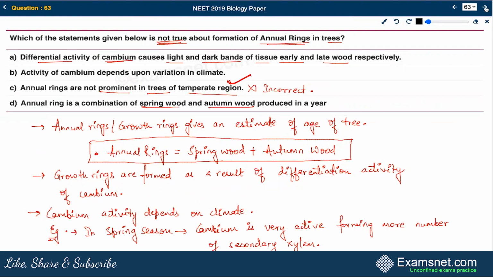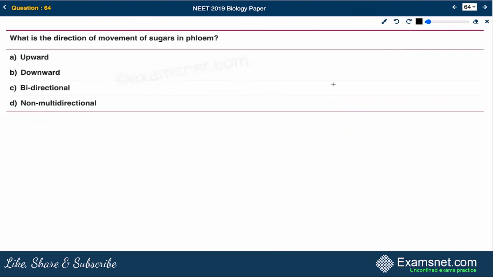Clear? Now let's move on to the next question, which is question number 64. Question 64 asks: what is the direction of movement of sugars in the phloem? Basically, phloem is a vascular tissue, a permanent tissue that is responsible for the translocation of sugars in the trees.